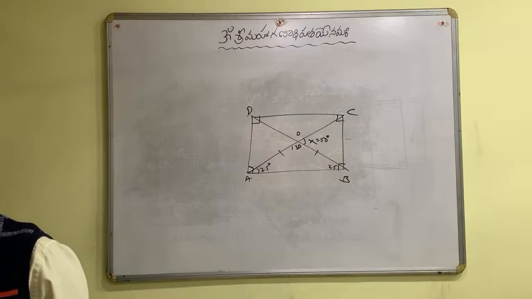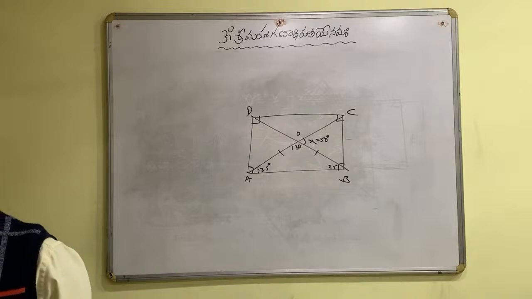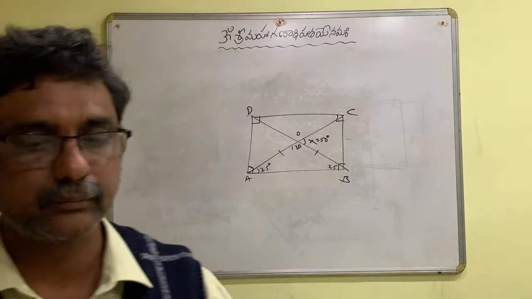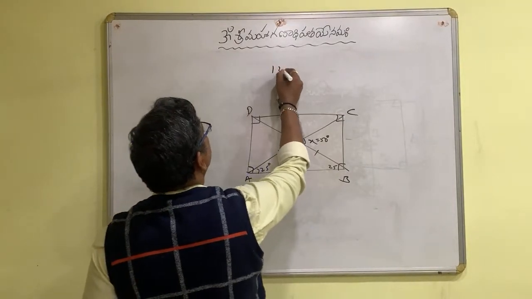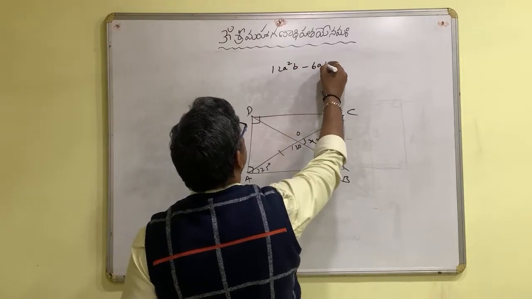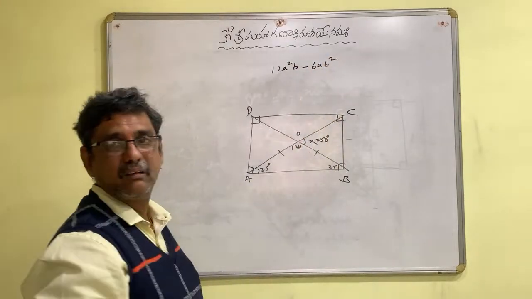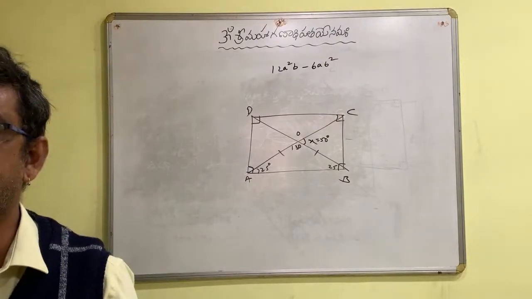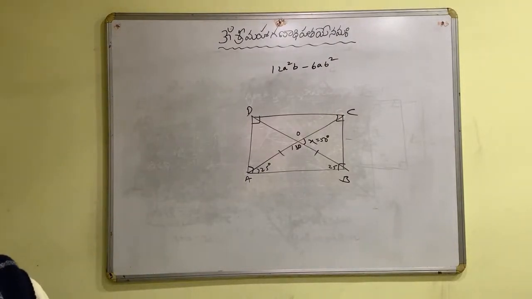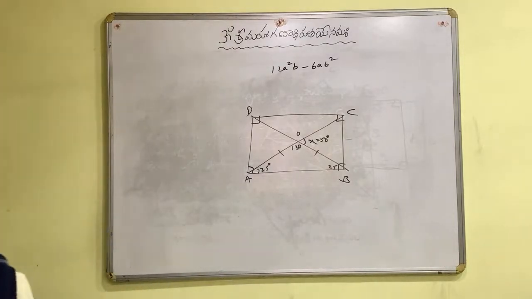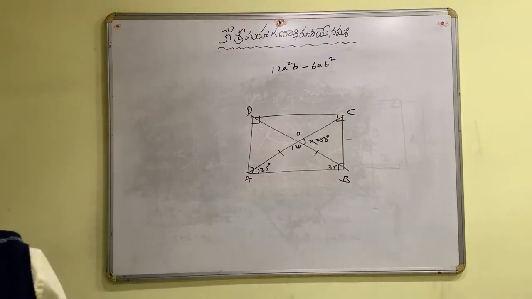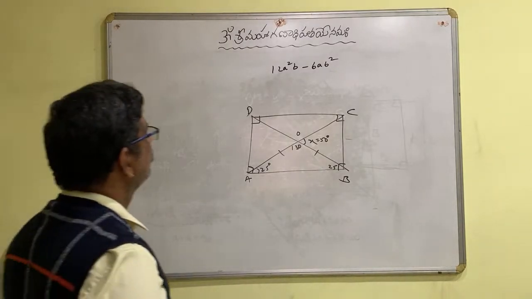Factorize 12a square b minus 6ab square. What is the factorization for this? Not infinity, 0. A point has no dimensions. Euclid told that a point has no dimensions.